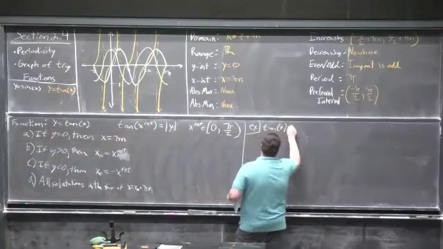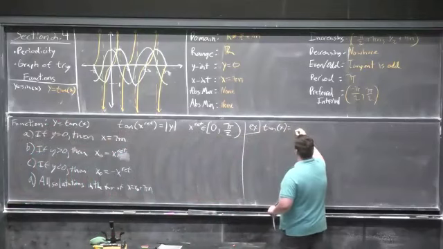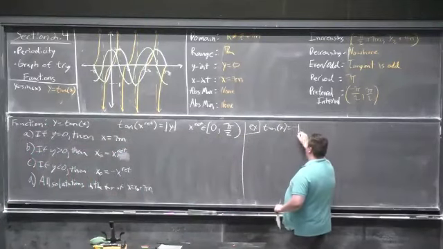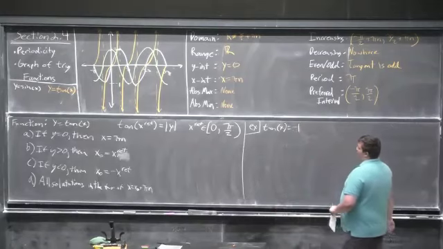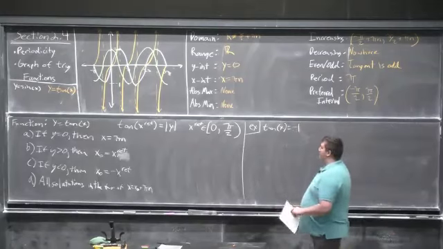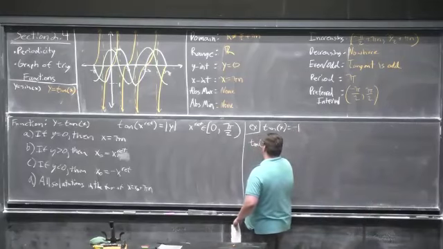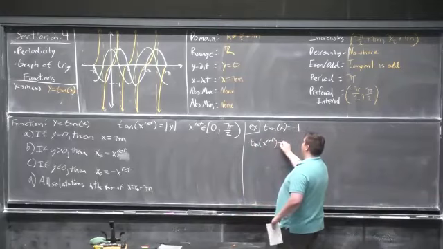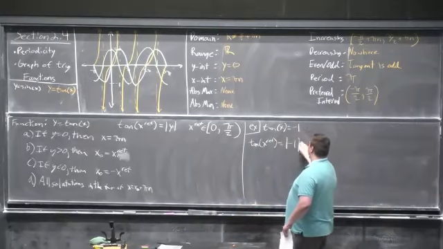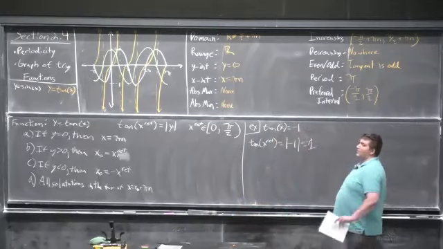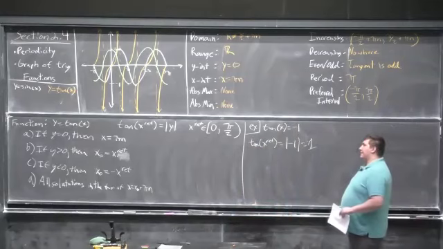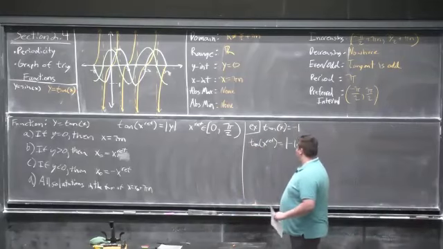Tangent x equals, and let's do -1. So I have to see, okay, my tangent of x reference is equal to the absolute value of -1, which equals 1. Tangent of what gets me 1? Well, that's pi over 4.